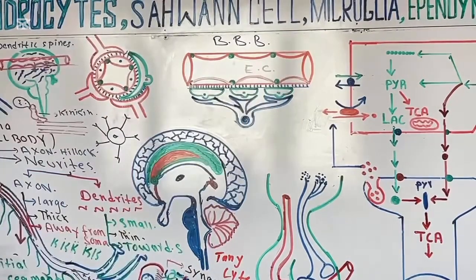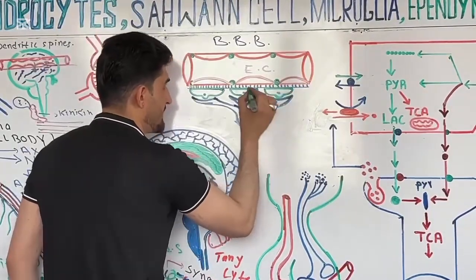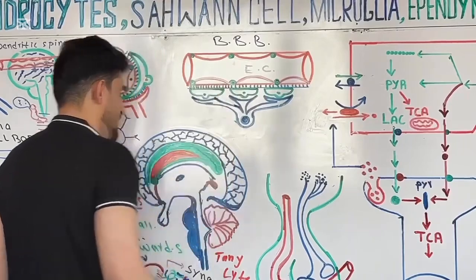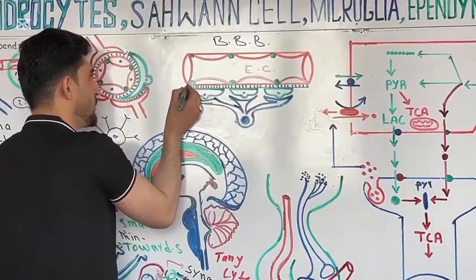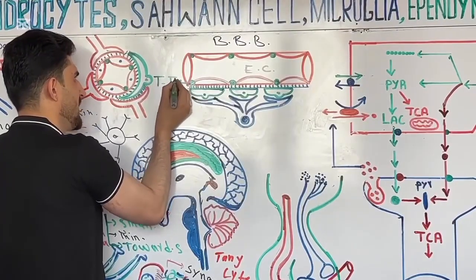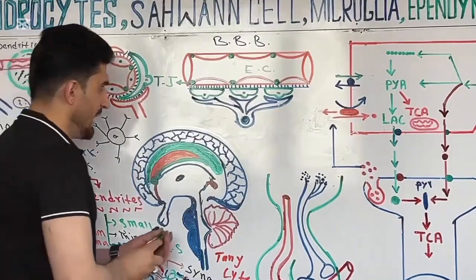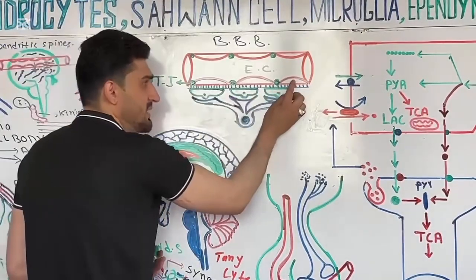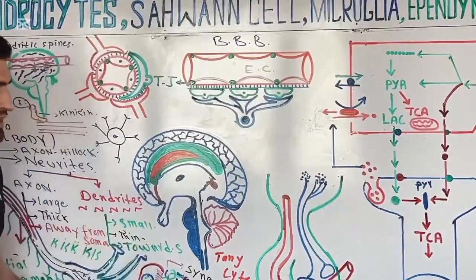The second part is between these endothelial cells. There are proteins, and this collection of proteins is called tight junction. That's two. And these endothelial cells are not fenestrated capillary or fenestrated endothelial cells.